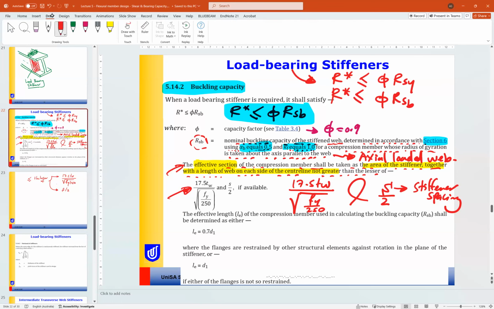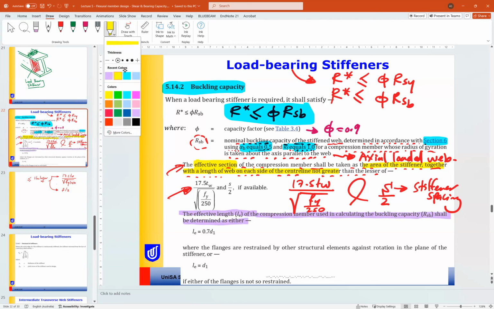Okay, then what is the next step? The effective length LE of the compression member used in the calculation of buckling RSB shall be determined as either of two values.